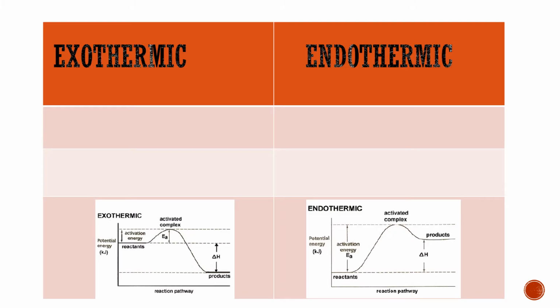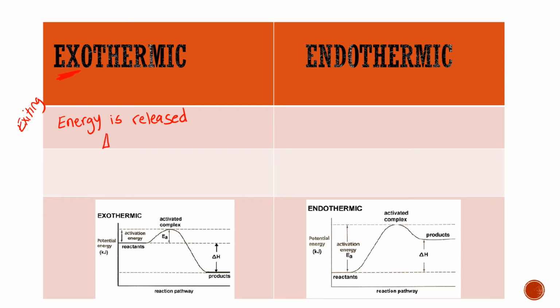So that brings us to the definitions of exothermic and endothermic. When we have exothermic reactions, this is where the energy released is greater than the energy absorbed. So energy is exiting, and I use EX, exiting. So energy is released from the system.